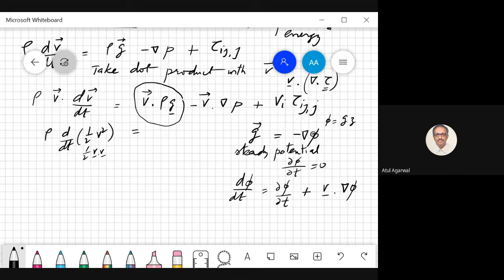So phi was gz. Del phi by del t is 0, so you have v bar dot gradient of phi.